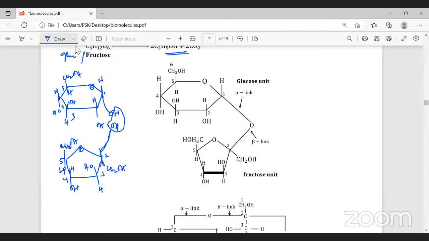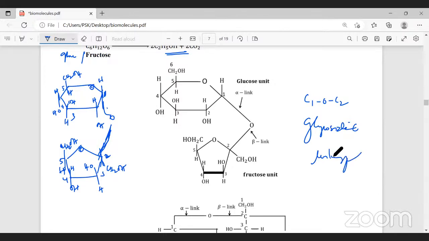When water gets eliminated, the first carbon atom of glucose and the second carbon atom of fructose get bonded through oxygen. This kind of bond, carbon 1, oxygen, carbon 2, is called a glycosidic linkage.